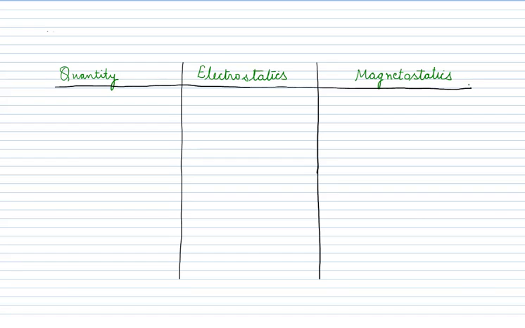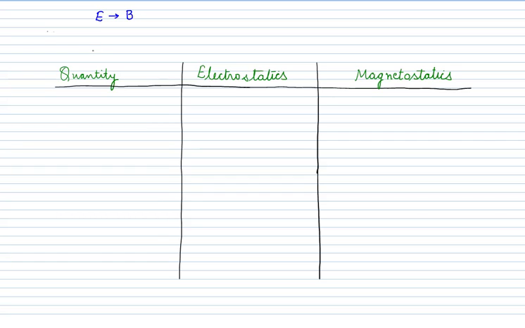So we're going to write down the quantity, its electrostatic equation and its magnetostatic equation. Now what are the replacements we have to do? We are moving from electrostatic to magnetostatics. That means our electric field will be replaced by magnetic field.